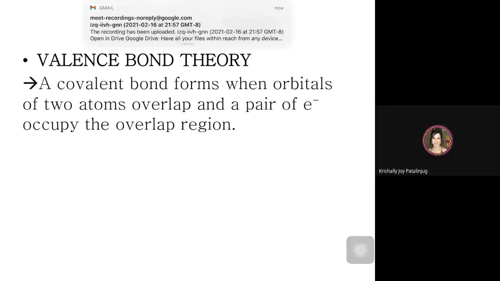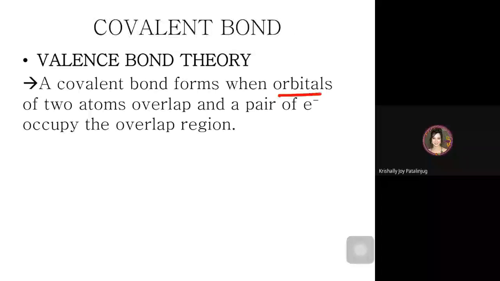This theory states that a covalent bond forms when orbitals of two atoms overlap, and in that overlapping region, a pair of electrons occupies. Since atomic orbitals will be presented on the preceding slides, it would be a good idea to first recall some of the important concepts on atomic orbitals.